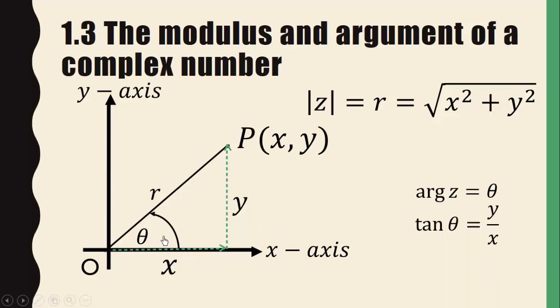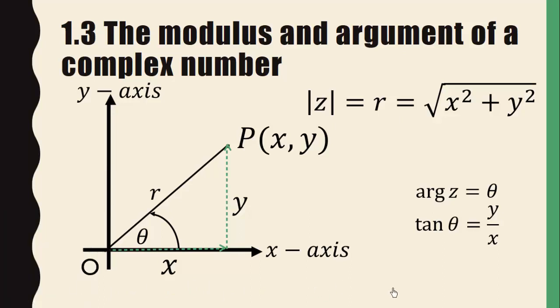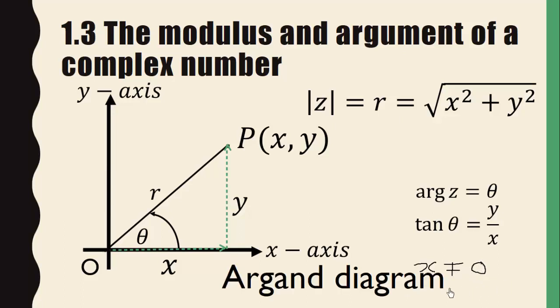We know that the tangent is defined by the opposite over the adjacent, so y over x, for x not equal to 0. But if x equals 0, then it is not defined. Now this whole diagram, which illustrates the complex number on the real axis and the imaginary axis, is called the Argand diagram. The Argand diagram.